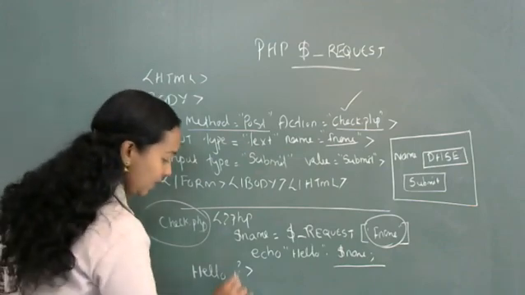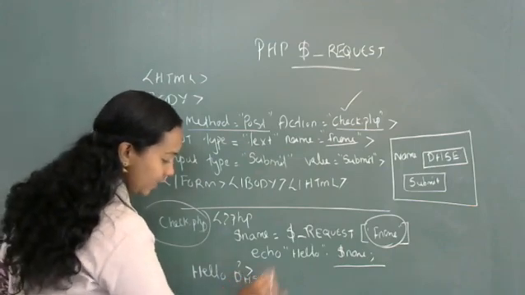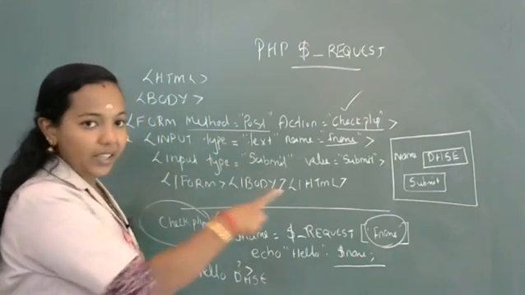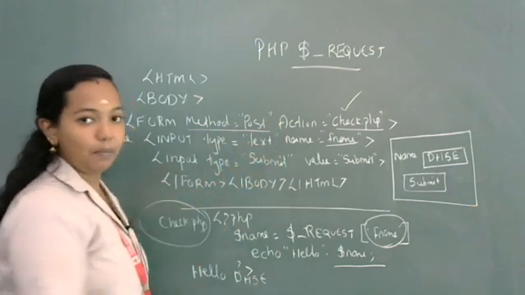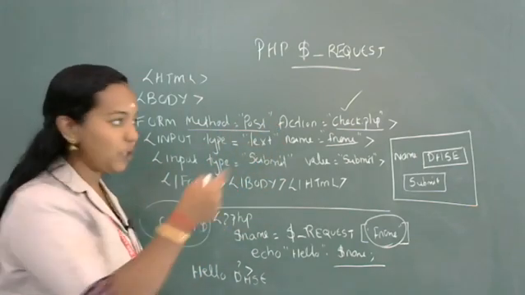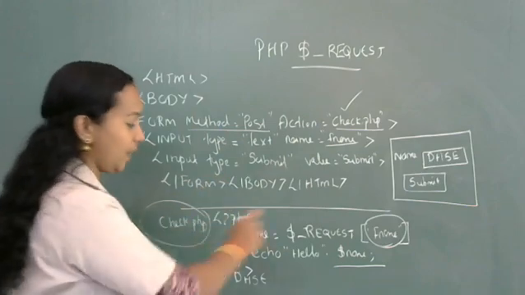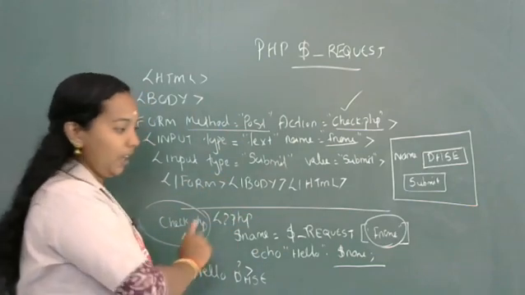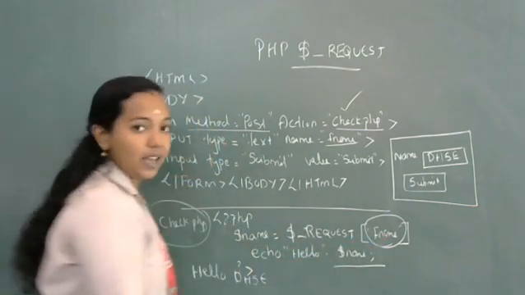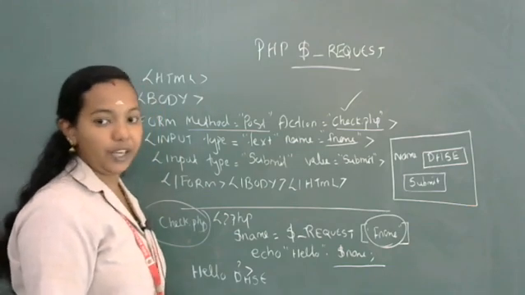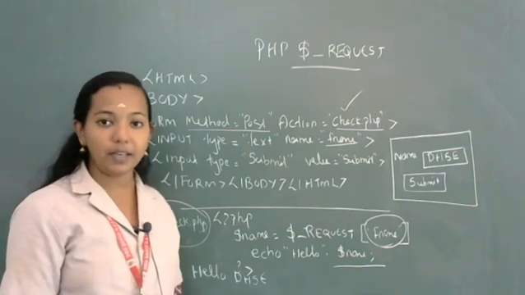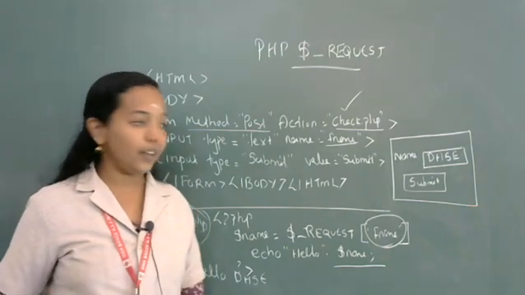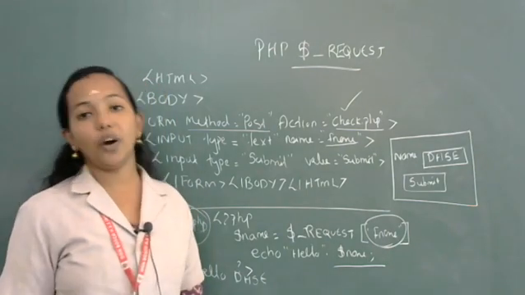So what will be the result? Hello DHSE. Because we typed DHSE on the HTML form. When we click on the submit button, that value is transferred to check.php. In check.php, we used that text box name FNAME. So the value present at FNAME is DHSE. Clear? So we will get Hello DHSE.